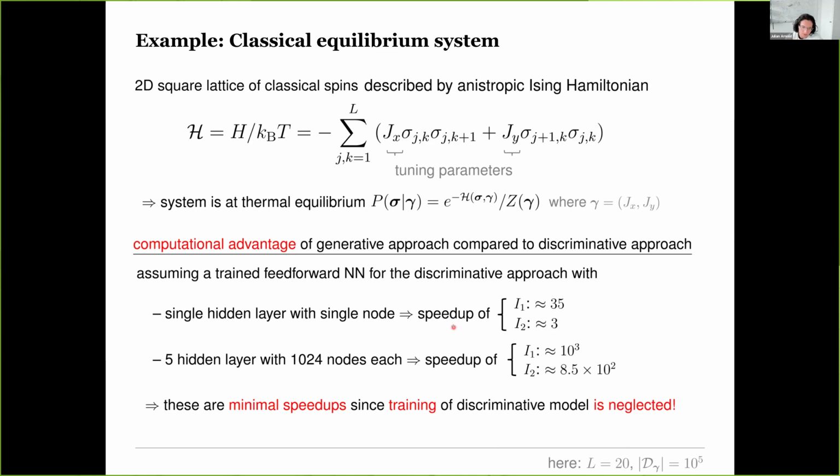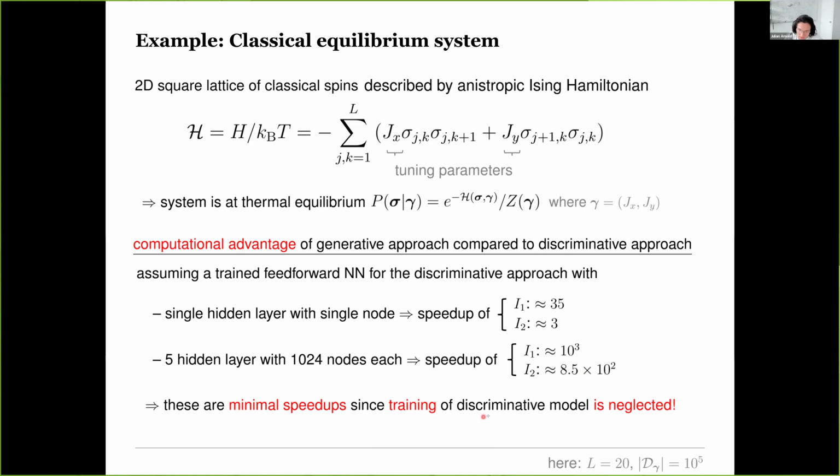So in practice, one will need to use a larger neural network. So here I've picked another example. For example, if you take a network with 5 hidden layers with 1024 nodes each, which would be more realistic, we will get speed ups of order 10 to the 3 or 10 to the 2. And just note that these are minimal speedups in the sense that to compute these, we already assume that we have a trained discriminative model.